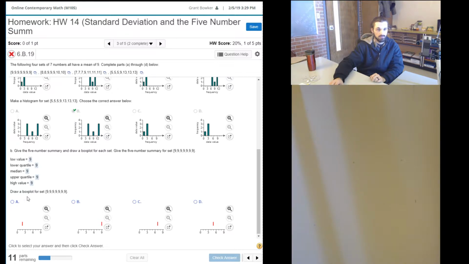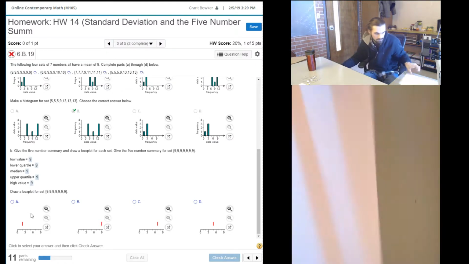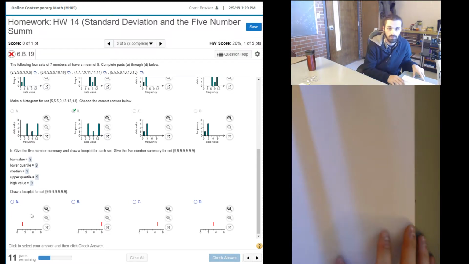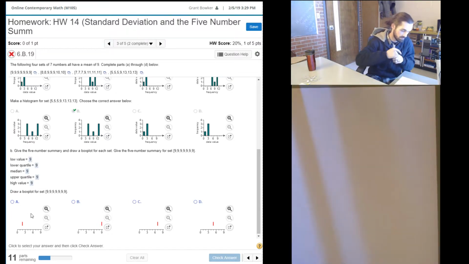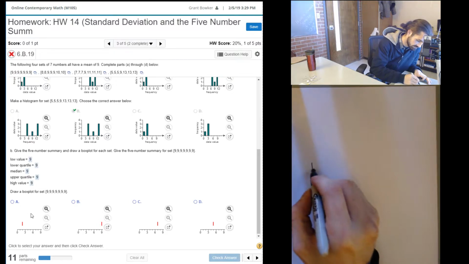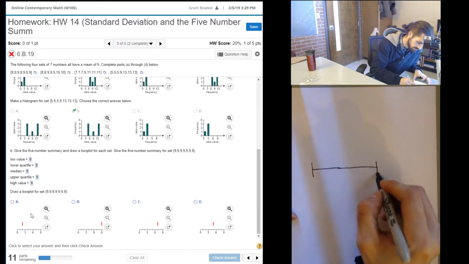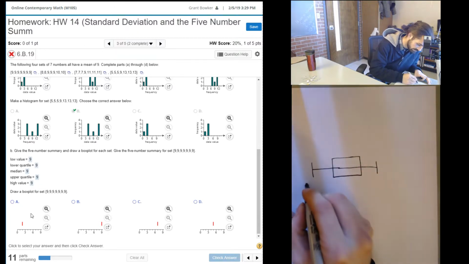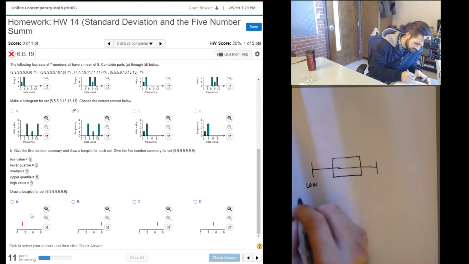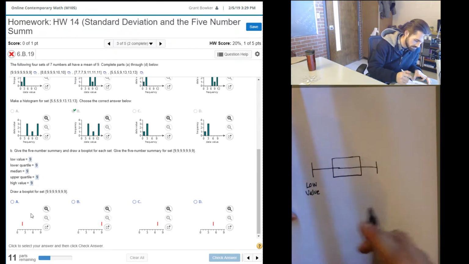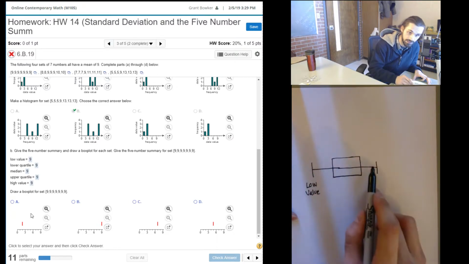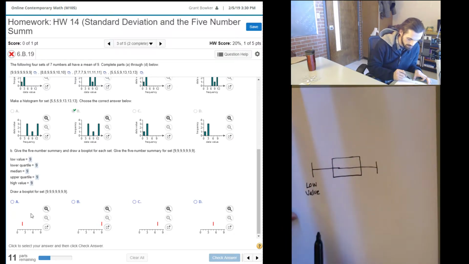Draw a box plot for this. A box plot looks something like this. It's also referred to as a box and whiskers plot. So this is your box, and these are your whiskers. This will correspond to the low value.